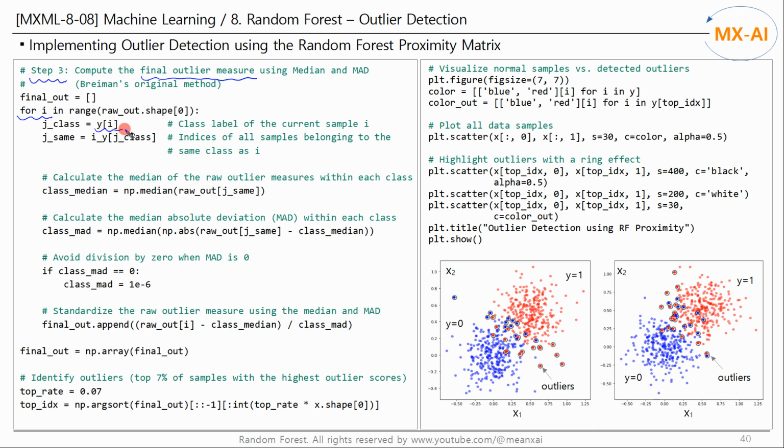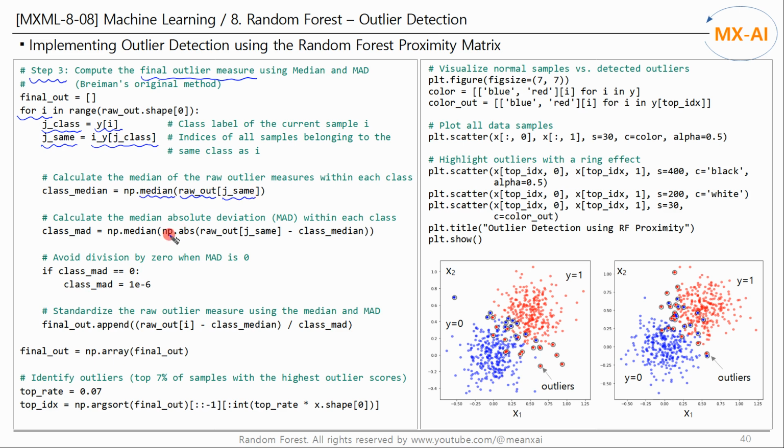For each sample, we first retrieve its class label and store it in jClass. We then obtain the indices of all the samples belonging to the same class and store them in jsame. Next, we compute the median of the raw outlier measures for all samples in the same class as the current sample.